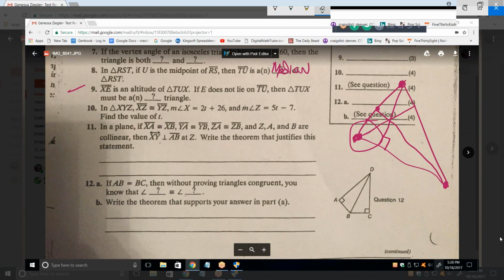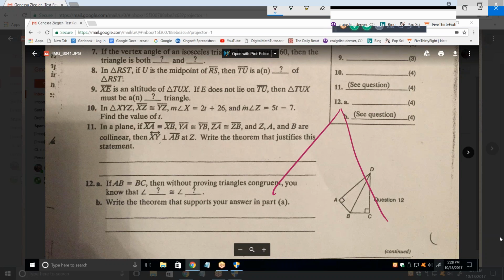Hold on a second. So we have a triangle. Let's draw it. TUX, and we have XE is the altitude. That means that's a right angle.